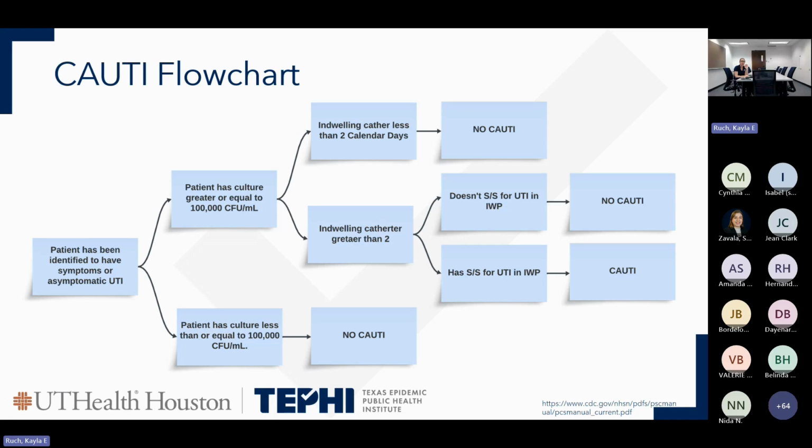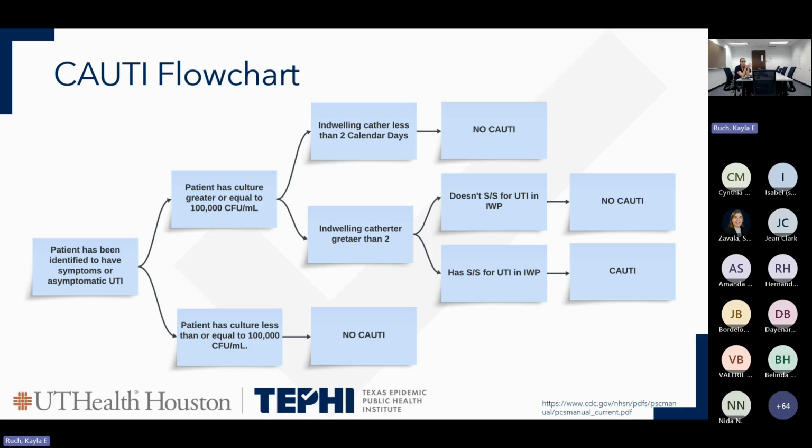And this is just kind of a quick workup of that, the hierarchy of how infections get determined. First, a patient has identified symptoms or is asymptomatic. For this one, we'll use a patient who had a urinary catheter for more than 2 days, and they now have a fever, which NHSN defines as 100.4 or higher.